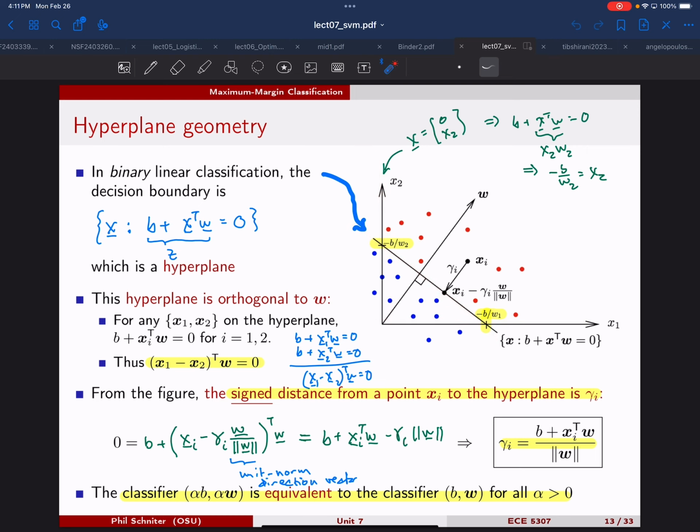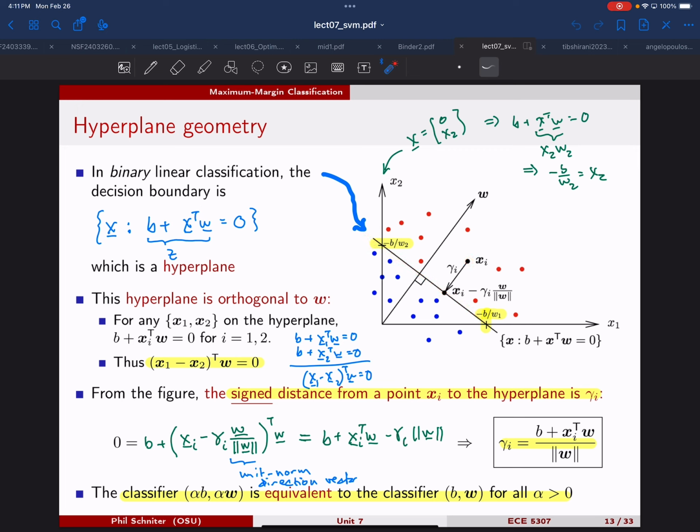And we also used these ideas to derive a signed distance from any one of these training points to the boundary. And that signed distance is what we're going to be using today.